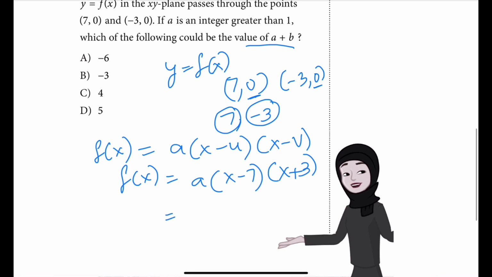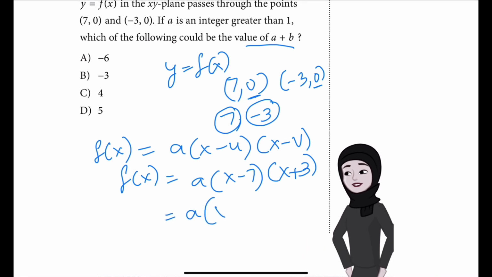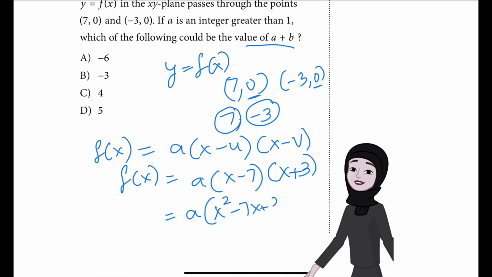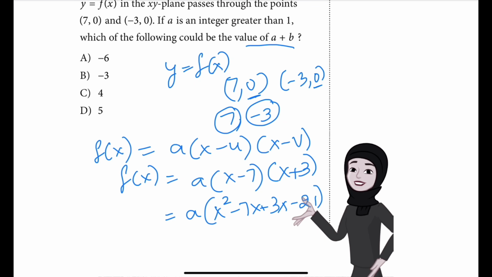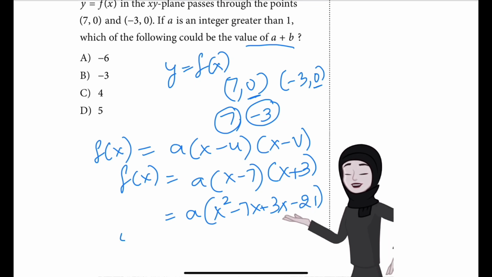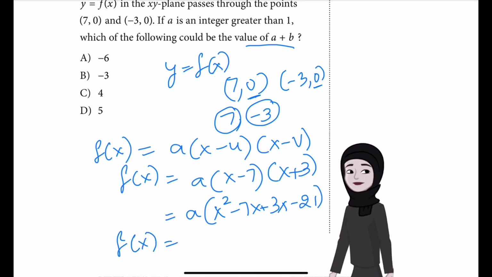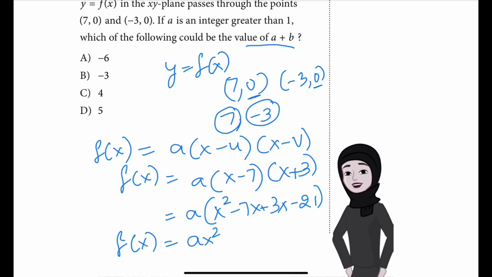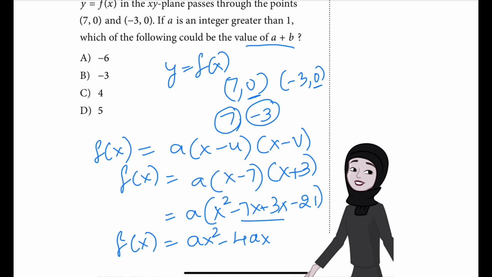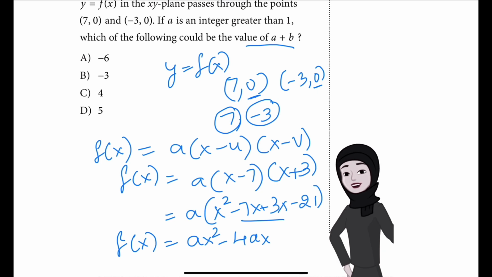When we distribute the right hand side of the equation, we get a times (x squared minus 7x plus 3x minus 21). Once we distribute the a also, we get f of x is equal to ax squared minus 4ax minus 21a. It is minus 4ax because negative 7 plus 3 gives us negative 4, and then we are multiplying with the a which is outside.